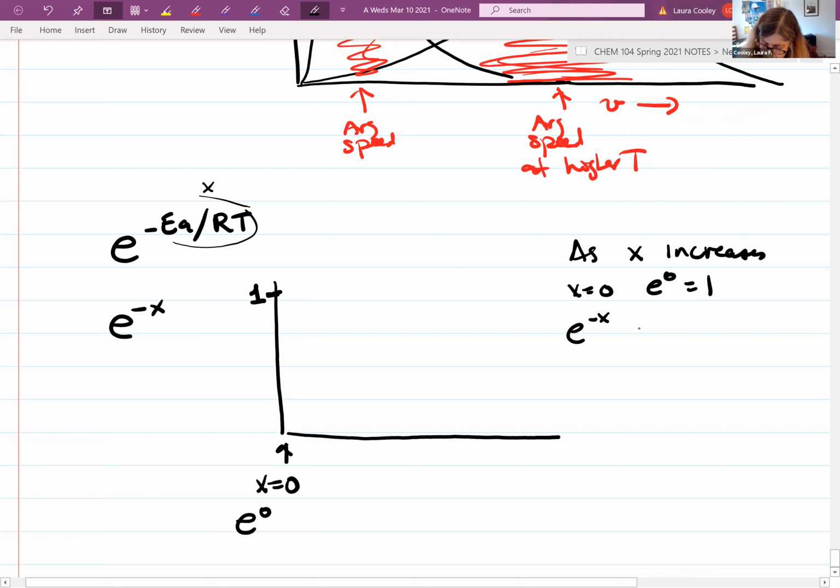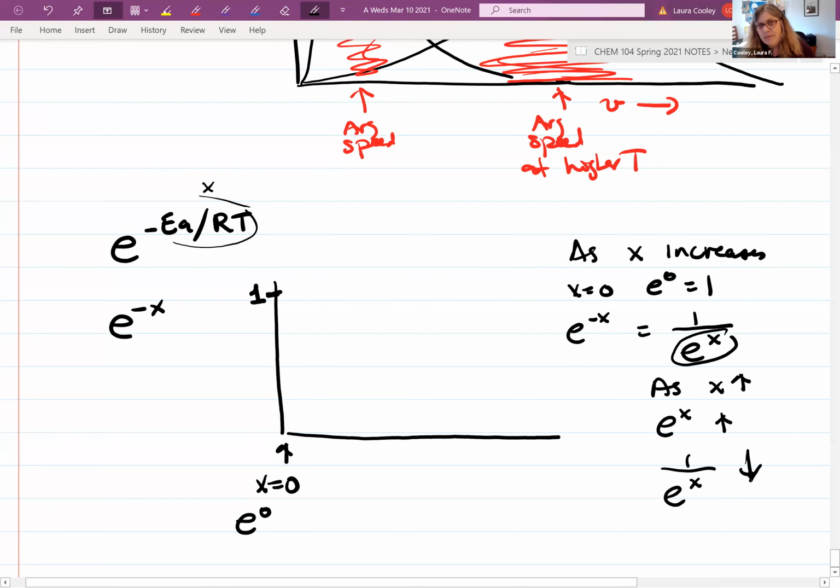E to the minus x is 1 over e to the x. As x increases, e to the x increases. But 1 over e to the x, when you take 1 over 3, you get 1/3. That decreases, right? So this curve actually goes down like this.